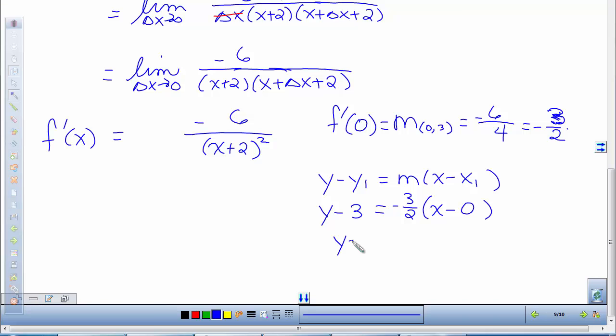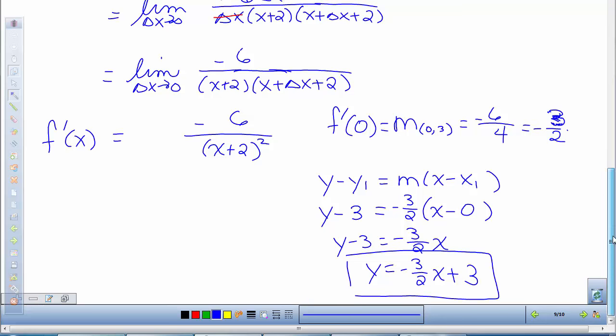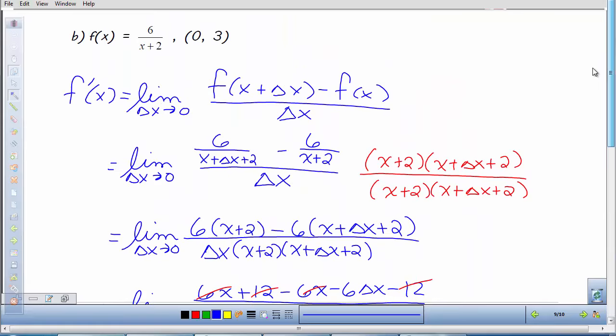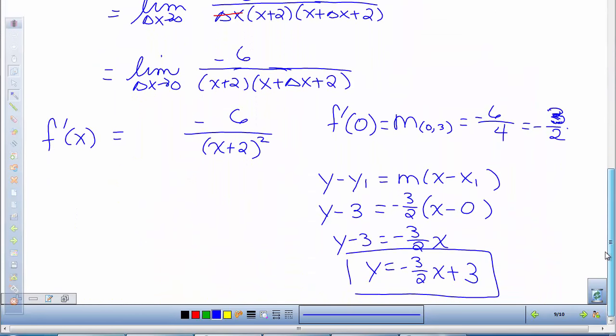All right, y minus 3 equals minus 3 halves x. Y equals minus 3 halves x plus 3. Okay, so this is the equation of the tangent line to the graph of our original function, 6 over x plus 2, and it's at the point 0, 3.